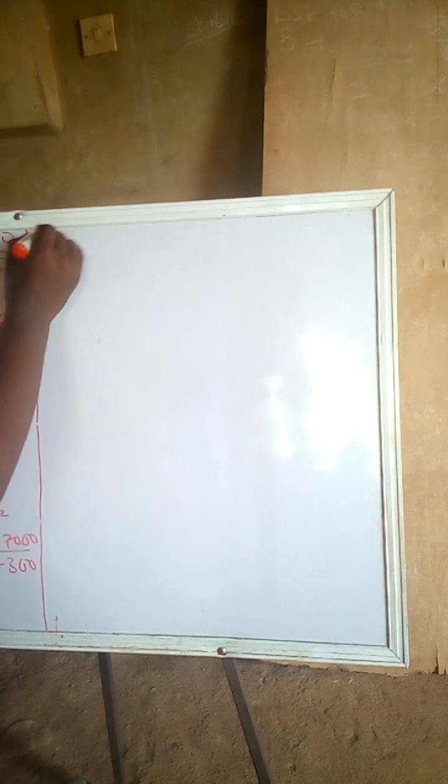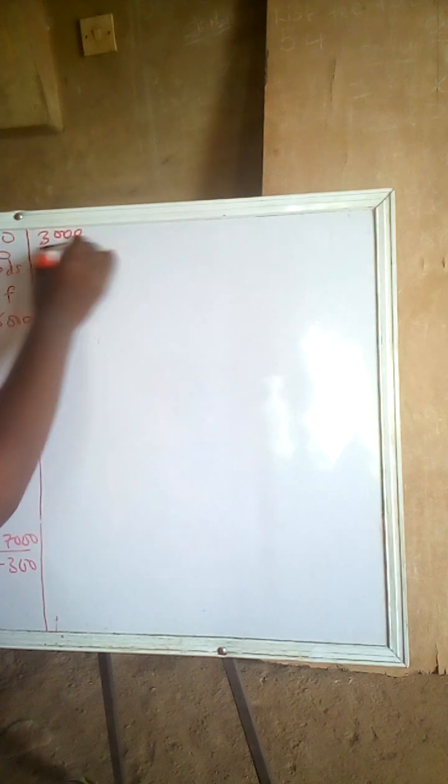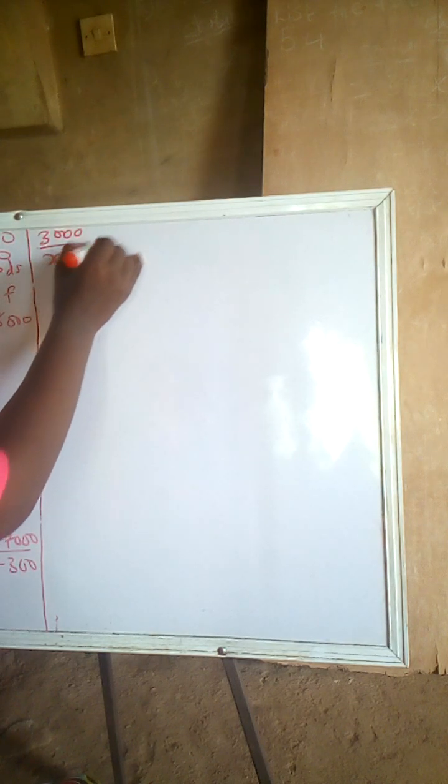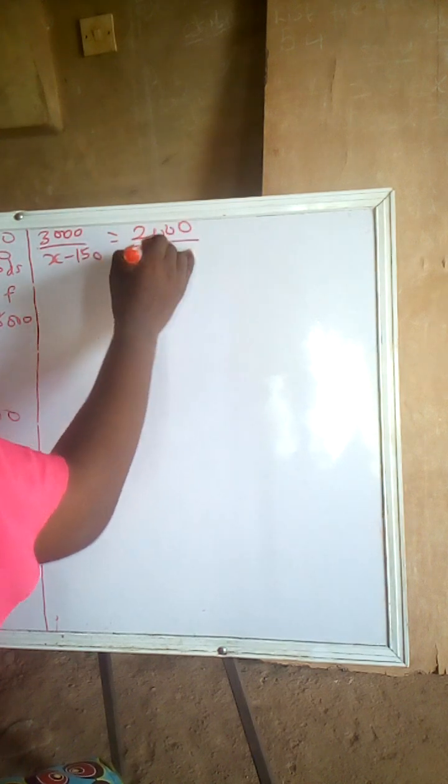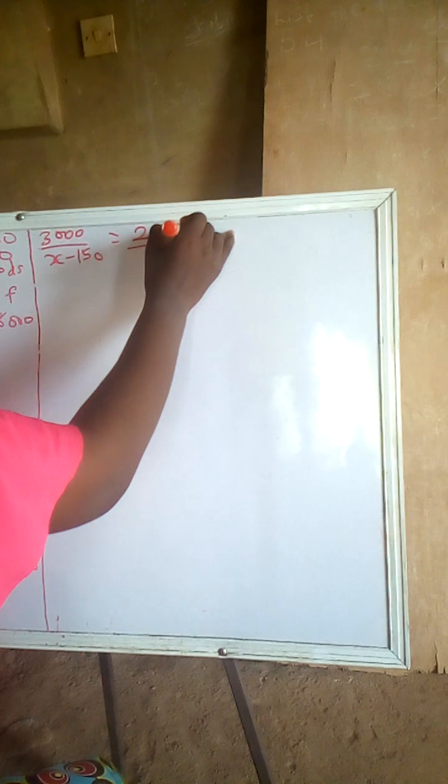So we have 3,000 over X minus 150 equals 2,000 over 150. 0 cancels 0.